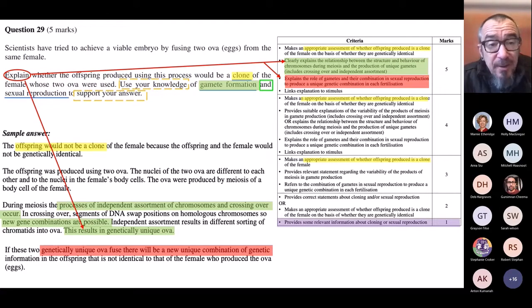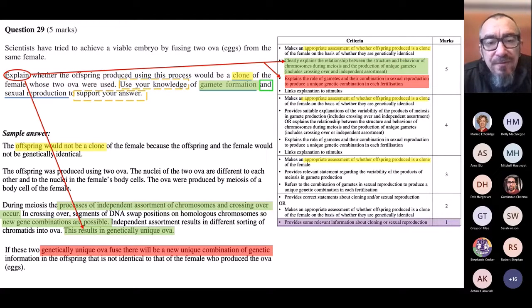Note, if anyone answered yes, that it would be a clone, then you're wrong, unfortunately. But I just wanted to highlight that if you did say that it was a clone, no matter how good the rest of your response is, if you look at this marking criteria, you're going to end up with a maximum of around 2, maybe 3, depending upon the rest of your response.